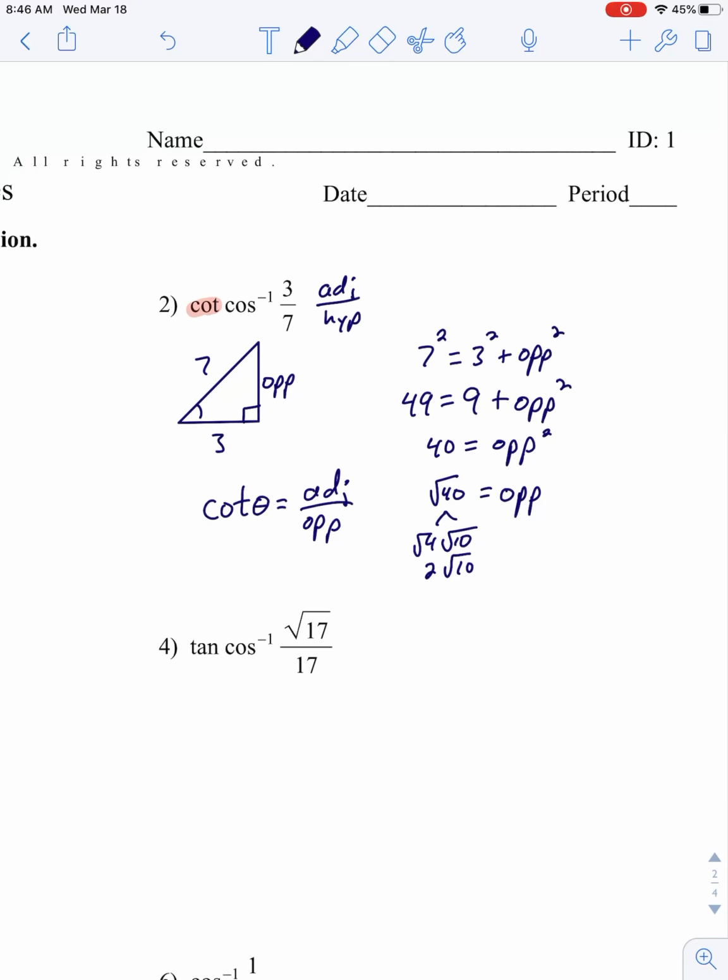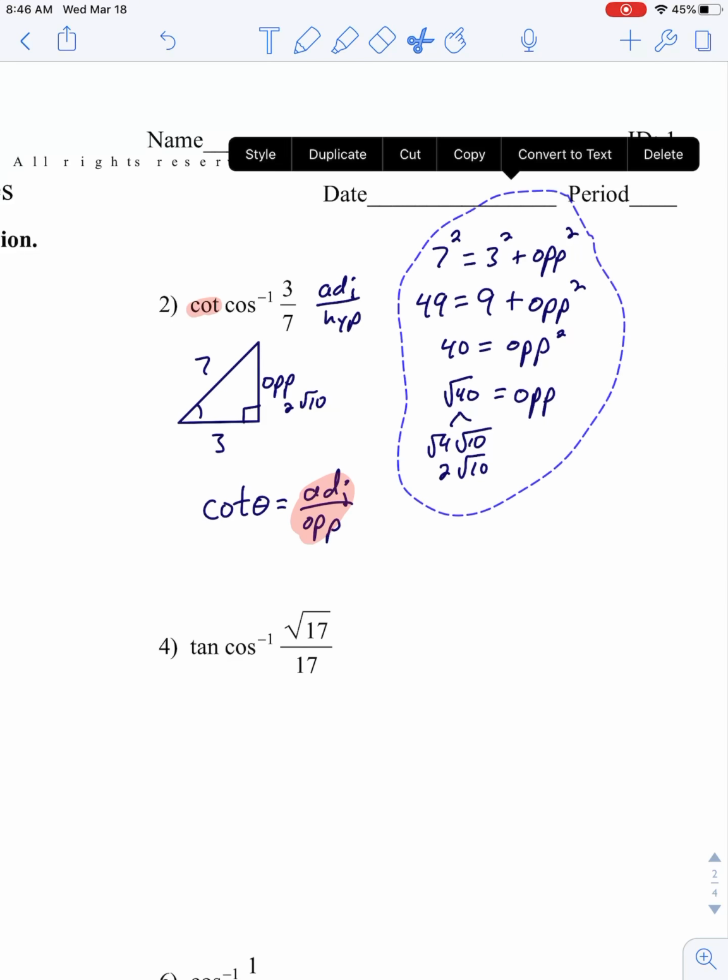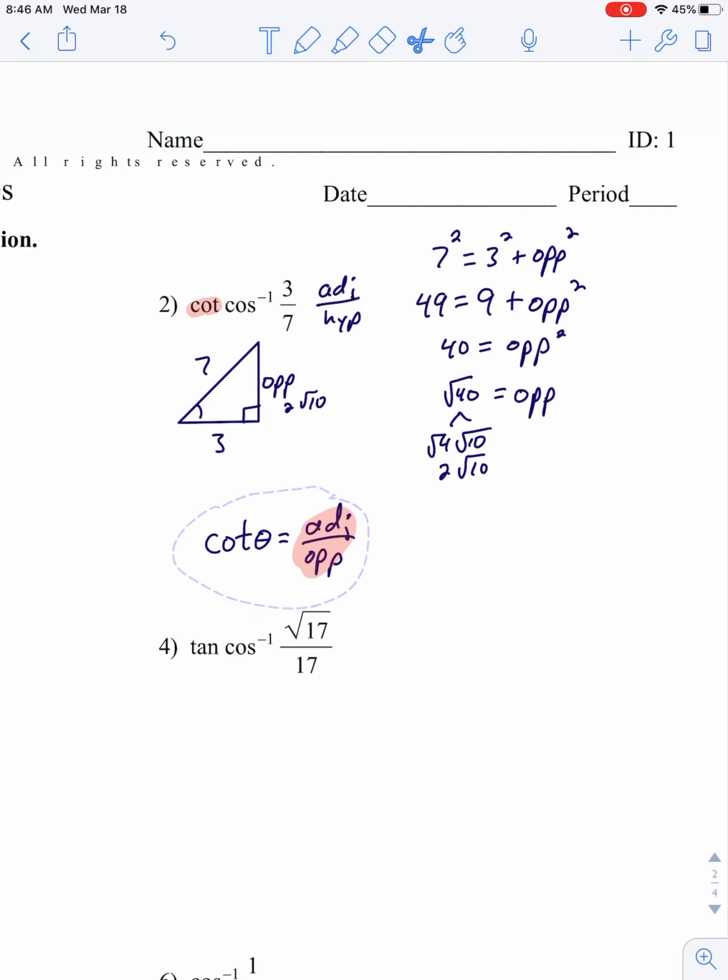So we're trying to take this, which the opposite now we know is 2 radical 10, and make this ratio out of it. I didn't give myself a ton of room to do this. Let's move this a little bit. And then move this a little bit. Okay, so adjacent over opposite is going to be 3 over 2 radical 10.